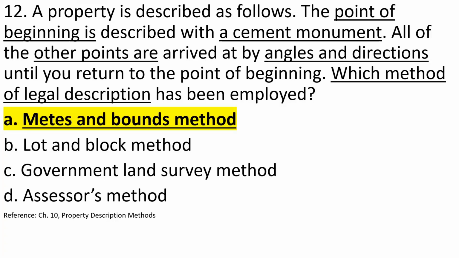If you read the question, it is basically giving you the answer, so I underlined those for you. Point of beginning is described with a cement monument, angles and directions. Which method are they discussing? Here it's the metes and bounds.